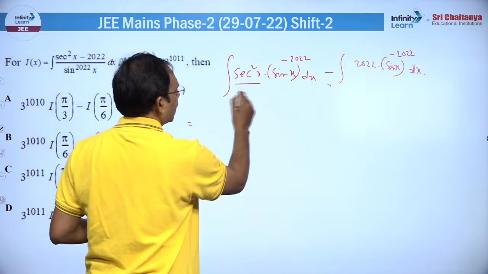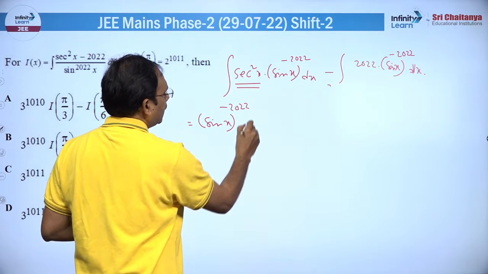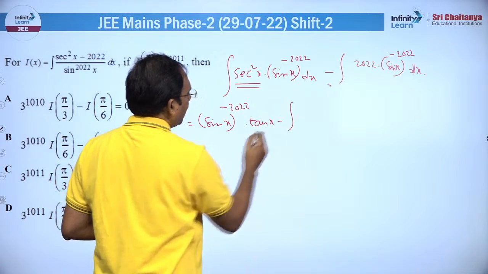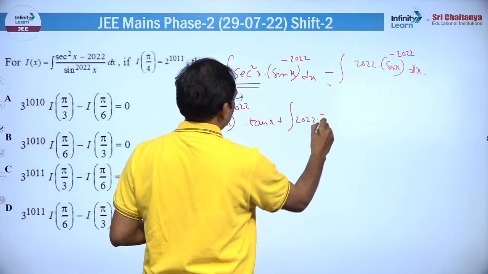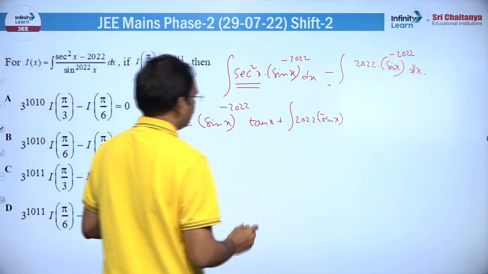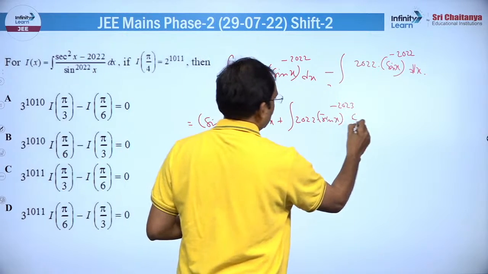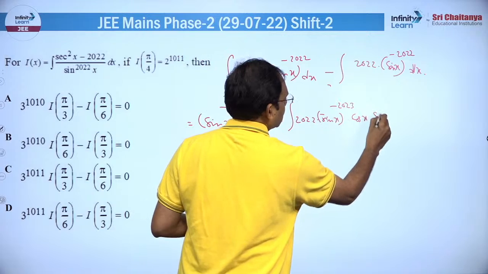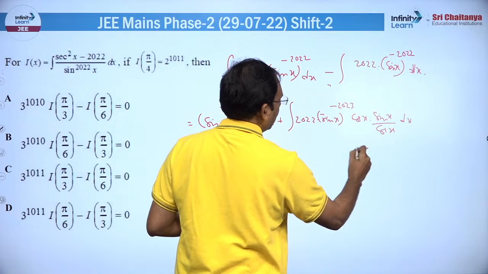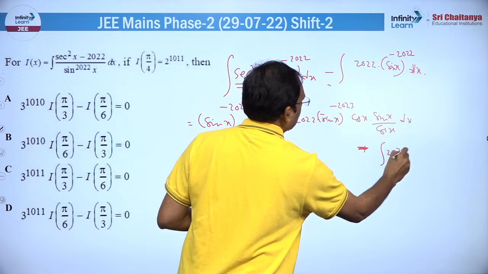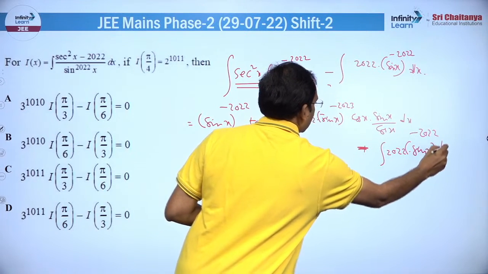So this is g of x, my dear friends, f of x into integral of g of x, which is tan x, minus integral of f dash x, which means plus 2022 into sin x to the power of minus 2023 into its derivative cos x, into this tan x, which means sin x by cos x dx, plus of course minus integral of 2022 into sin x to the power of minus 2022 dx, right.